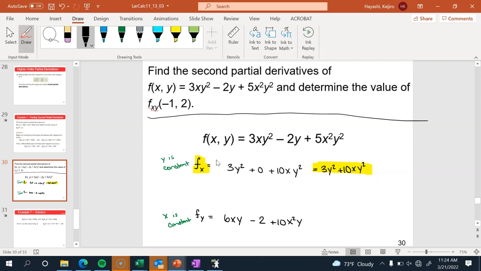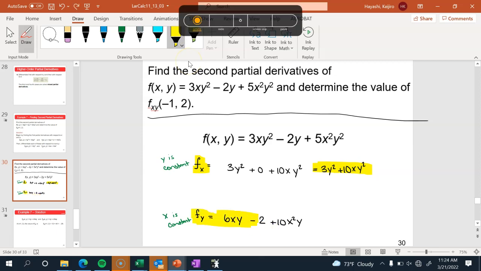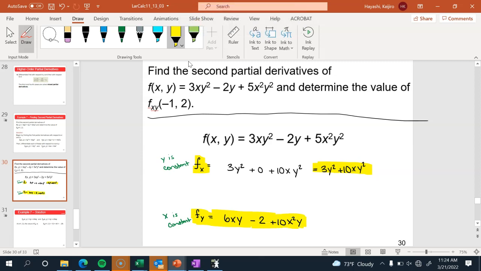That partial derivative is a little bit more involved, because the middle term didn't go away like it did last time. But there it is: 6xy minus 2 plus 10x squared y. Okay, so those are the first partial derivatives.